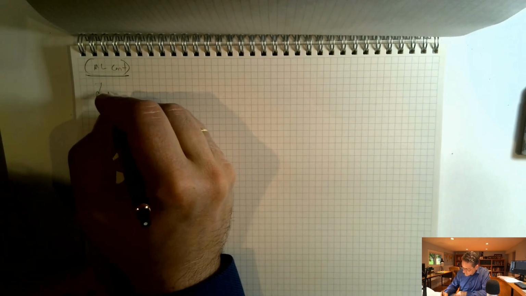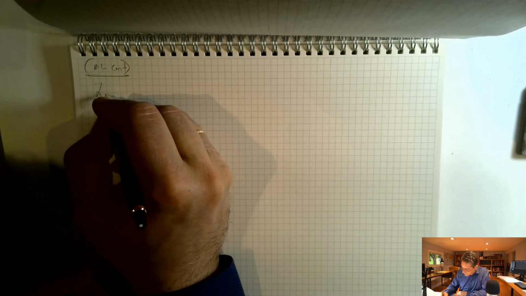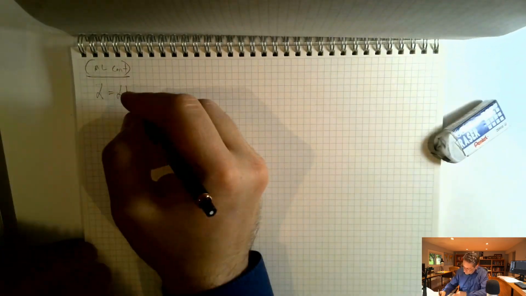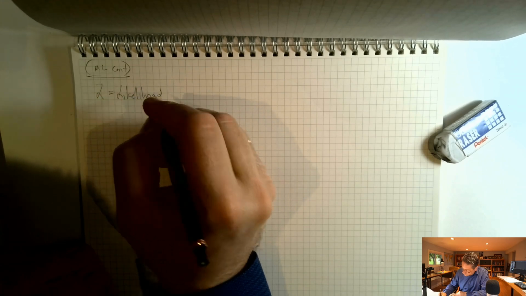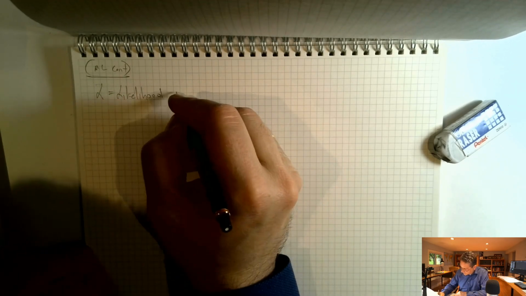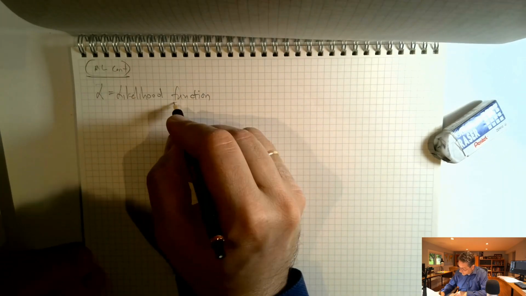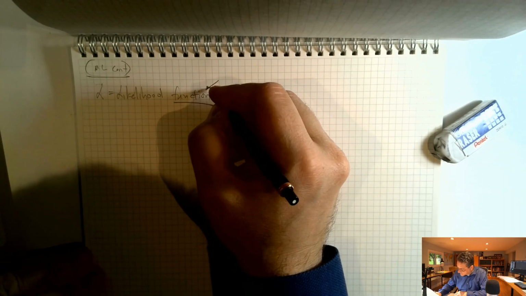This is going to be just the likelihood function at this point. And again, it is a function of parameters.